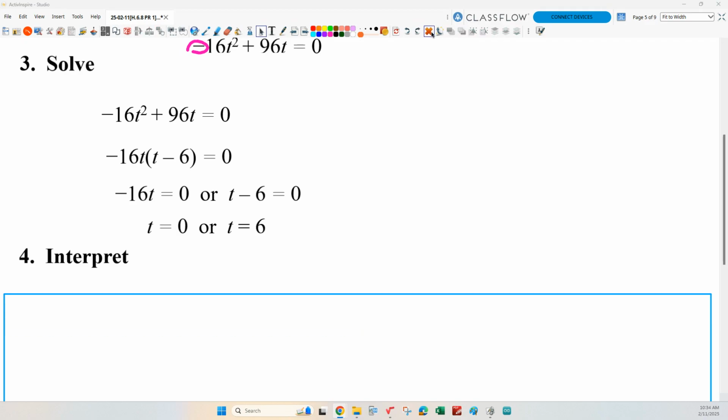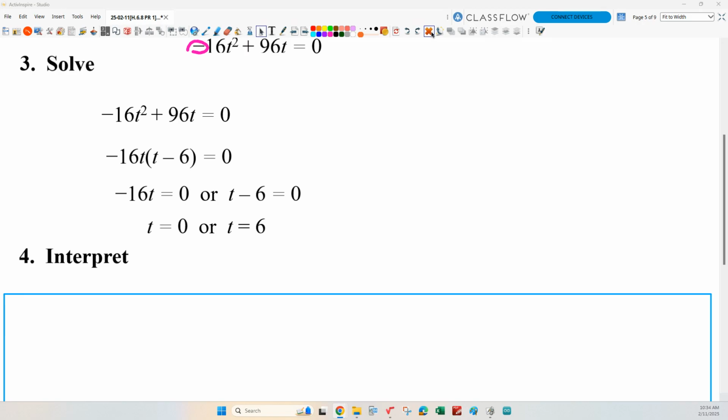Well, talk to me about those solutions. Which one are we looking for? The higher one, right? It takes 6 seconds for the golf ball to return to the ground. That first one, is it just nonsense? It's not. The math gods are wise. They never give us superfluous information. It actually is something that is legit. It's just not the one we're looking for.